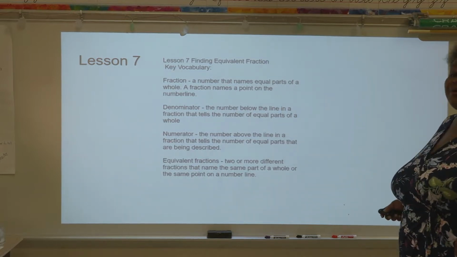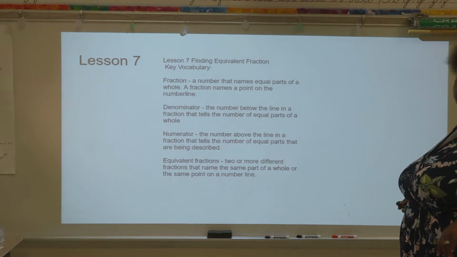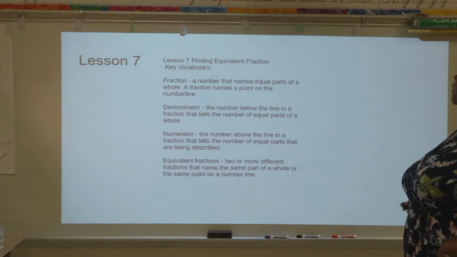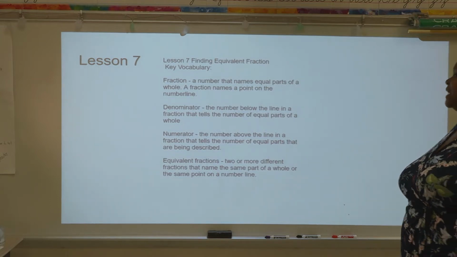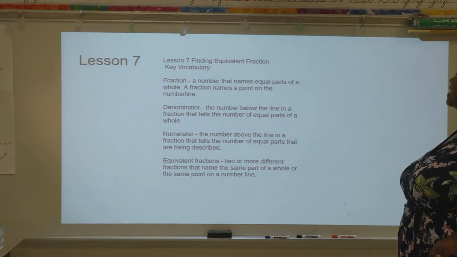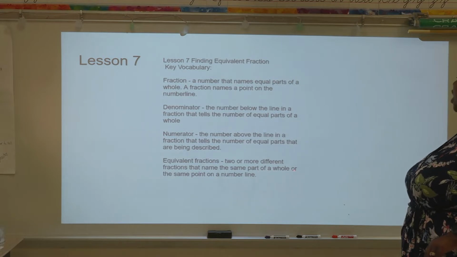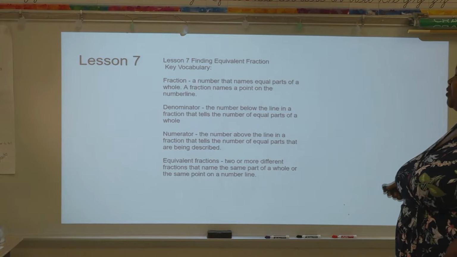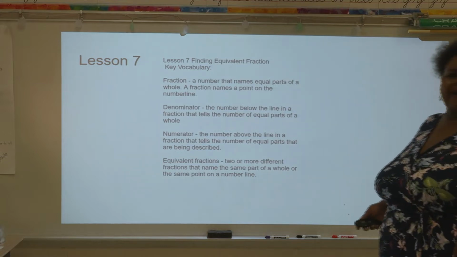Numerator: the number above the line in a fraction that tells the number of equal parts that are being described. And our last vocabulary word, equivalent fractions: two or more different fractions that name the same part of a whole or the same part on a number line. These are our vocabulary words, and we might refer back to them.